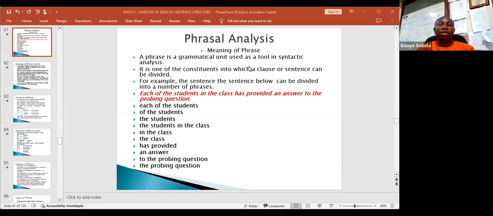From inception, we explain the meaning of the phrase. That a phrase is a grammatical unit that is used as a tool in syntactic analysis. It's a grammatical unit used as a tool in syntactic analysis.